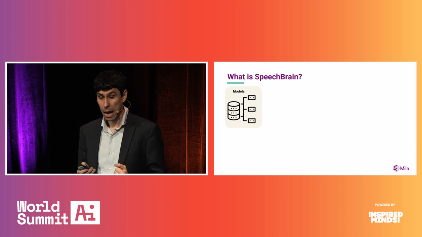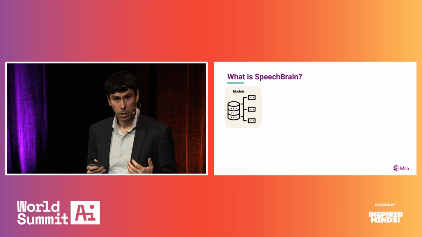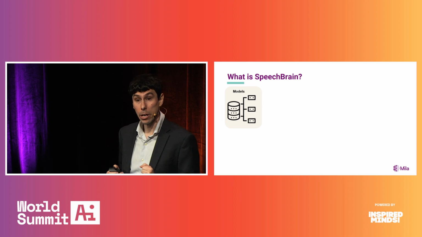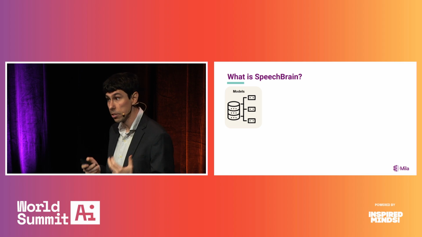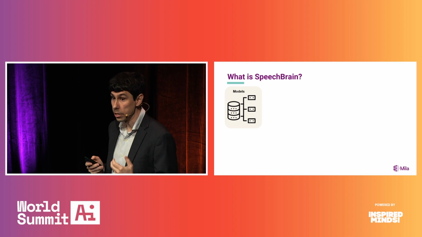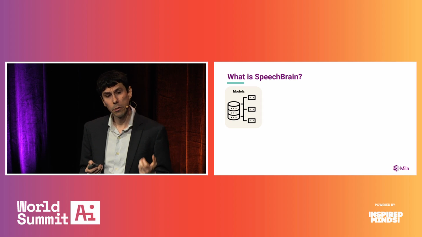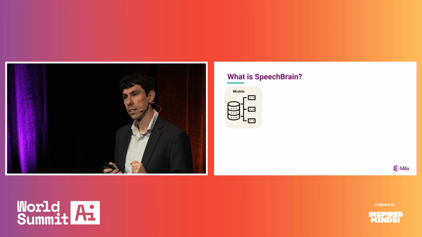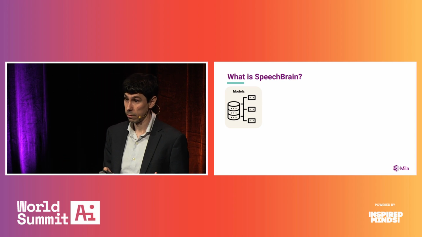So what makes SpeechBrain interesting, according to me? What makes SpeechBrain a good contribution to the community? First of all, for every technology that I mentioned, we release many pre-trained models, and we release them using our Hugging Face repository. But let me remark on this point. Releasing pre-trained models is good, but it's not enough.